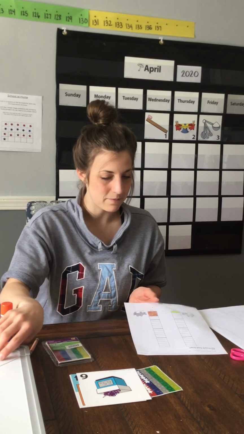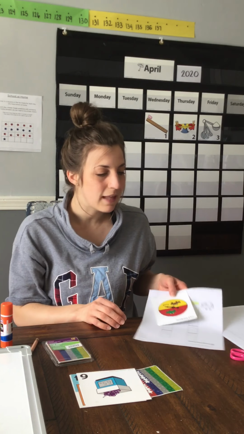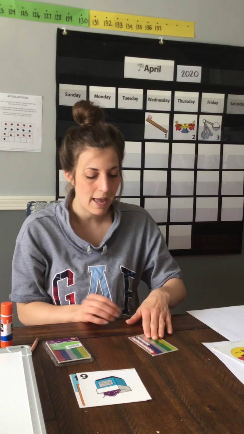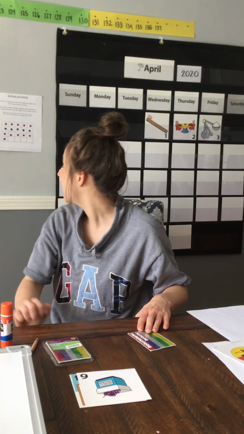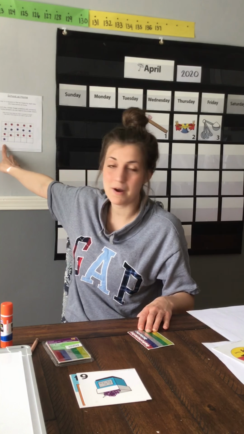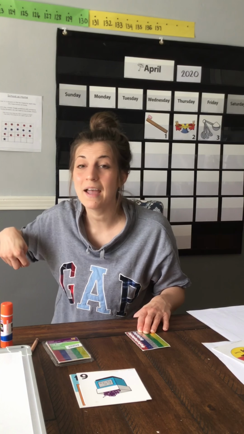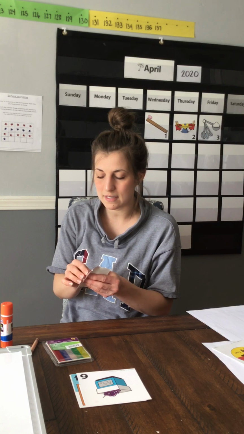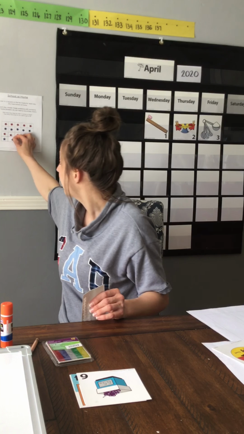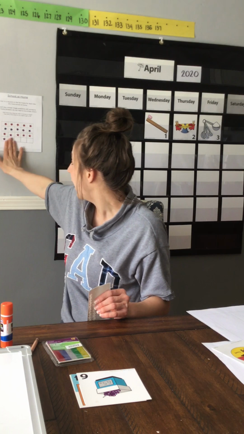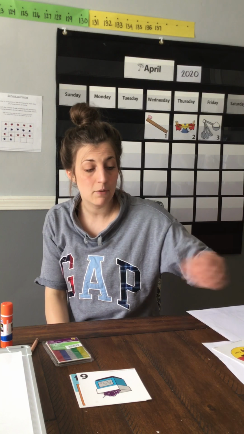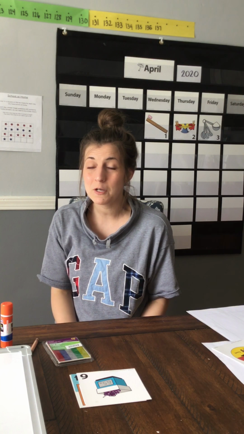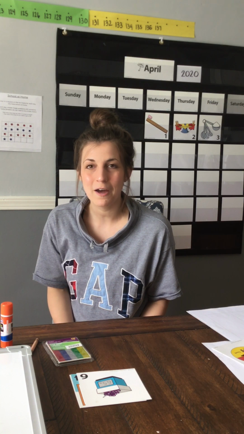Wow, that's amazing. All right, my friends, last but not least, we're going to go ahead and add on to the days at home. And remember, yours might be 1 day behind mine. So I'm going to add 1, and it's going to bring us to day 17. 17 school days that we have been at home. I personally cannot believe that we've been at home that long. It seems to be going a lot quicker than I would think 17 days at home would go.